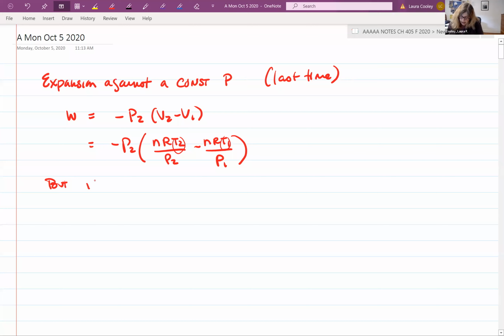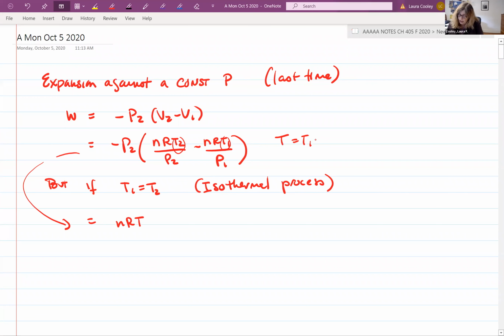But if T1 is equal to T2, so it's an isothermal process and the temperature doesn't change, then we can factor out the nRT. So this is where we ended last time: minus nRT times 1 minus P2 over P1.